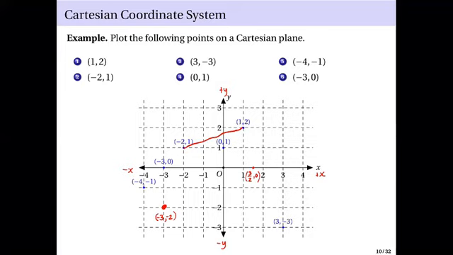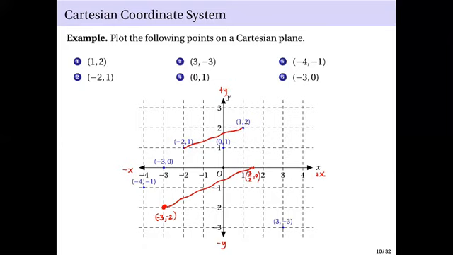Or maybe if we have, say, this point negative 3 comma 2 and the point 3 halves comma 0, we may be asked to find the distance between those 2 points. So the question is, how do we get the distance between the 2 points?